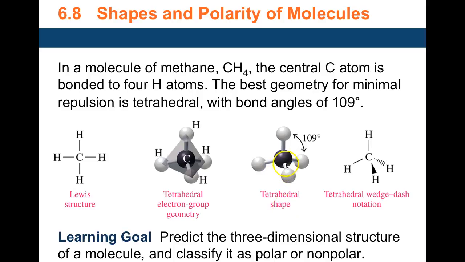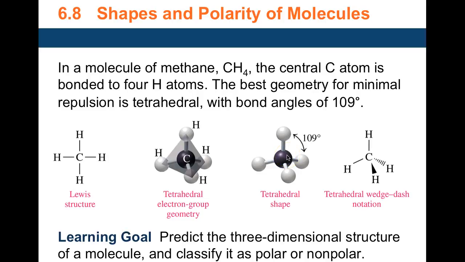Now, in terms of determining shape, we use this term called electron group geometry. Geometry means the best shape possible. Now, what is the best shape possible for 4 single covalent bonds surrounding the central atom? The shape is always with respect to the central atom, not the surrounding atoms. That's the pivot point.